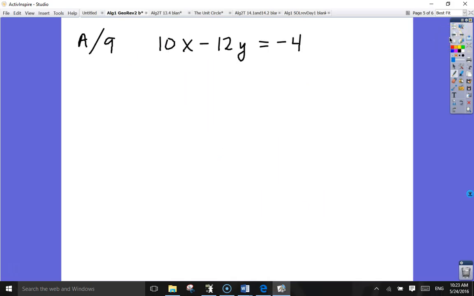Next one. This is number 9 on the same page. Okay, solve for y. So I'm going to circle y. All right, what do I need to get rid of from that side of the equal sign? There's a 10x and there's a negative 12. Which do I do first?